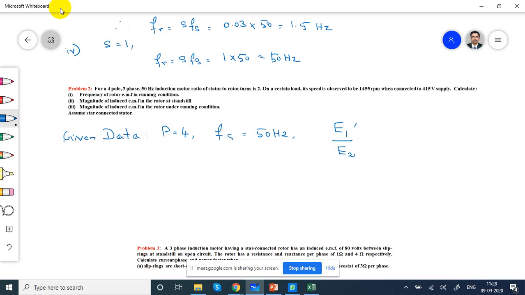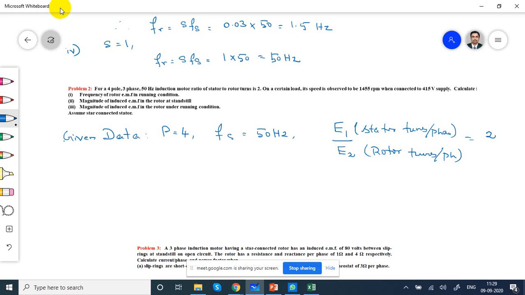This T1 stands for stator turns per phase, and T2 stands for rotor turns per phase. T1 by T2 equal to 2.